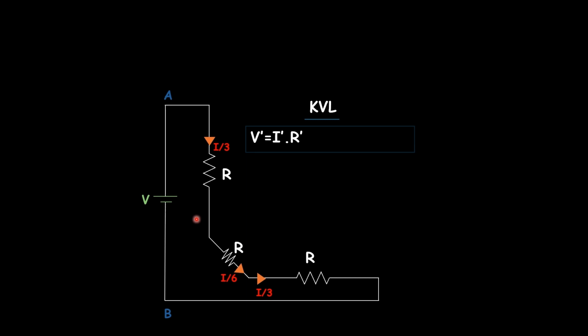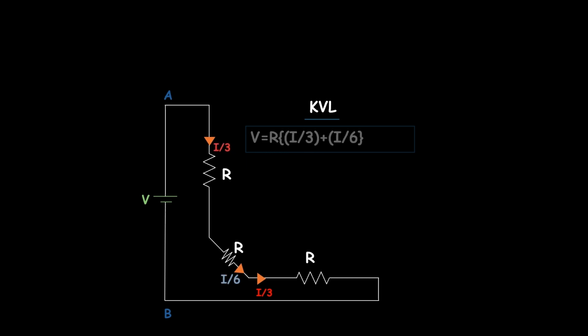It can also be termed as the voltage delivered is equal to the voltage dissipated. So the voltage delivered here is the voltage source of voltage V, and the voltage dissipated can be taken as the product of IR. So here the current passing through this resistance R is I by 3. So it is taken as V is equal to R into I by 3.